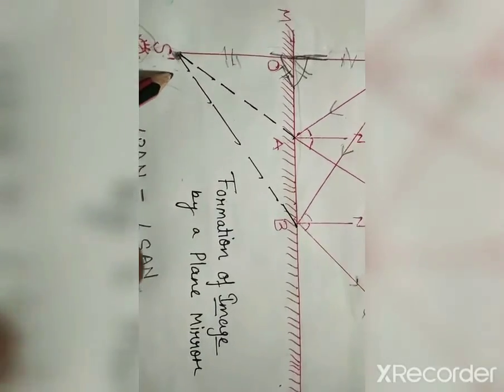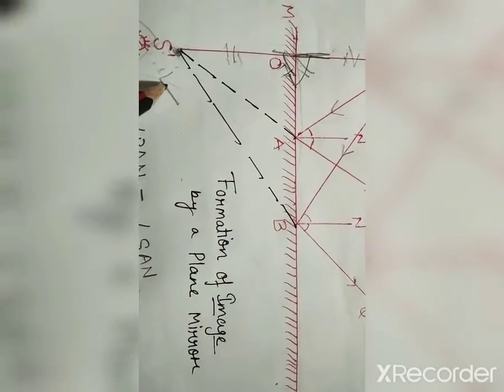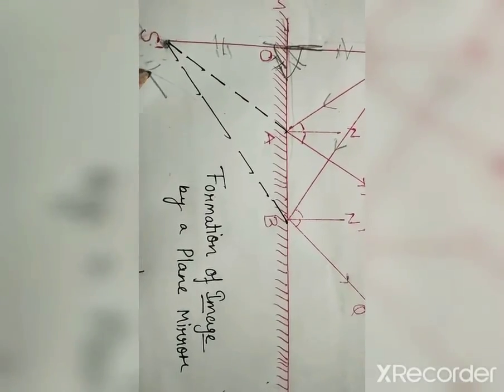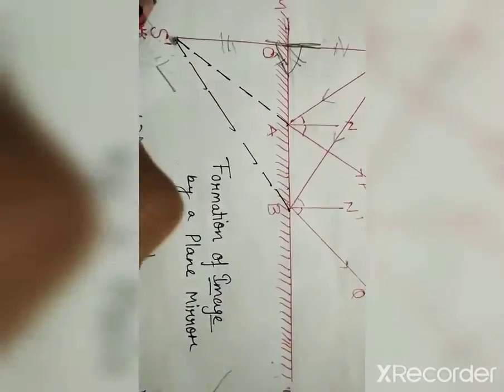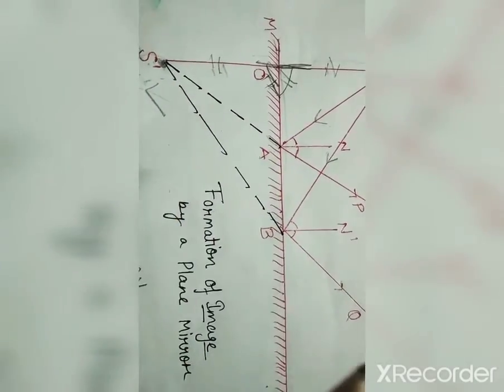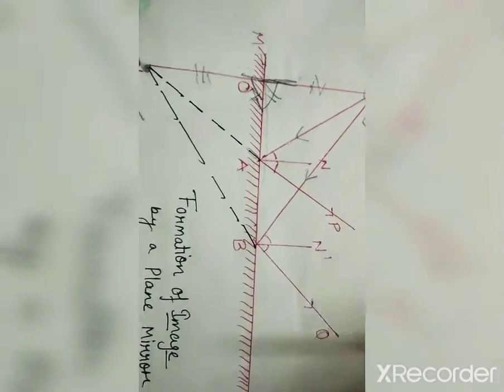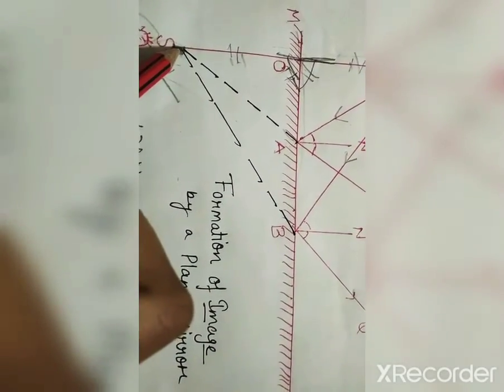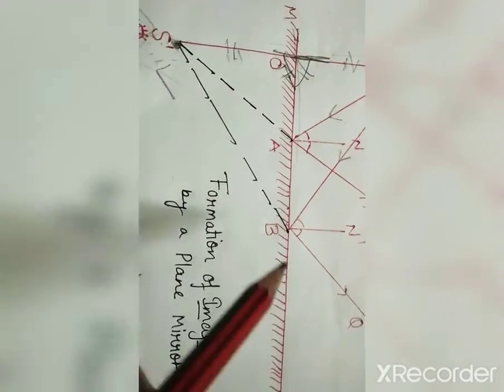So S dash is not the actual intersection of the reflected rays. There is no actual intersection here, but it appears to be formed by the intersection of the reflected rays.